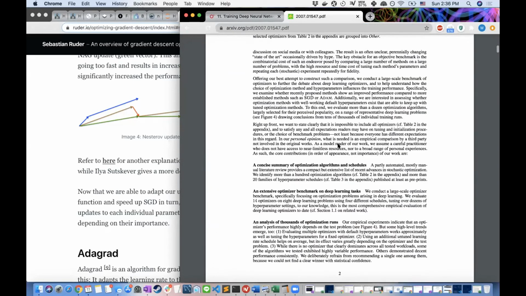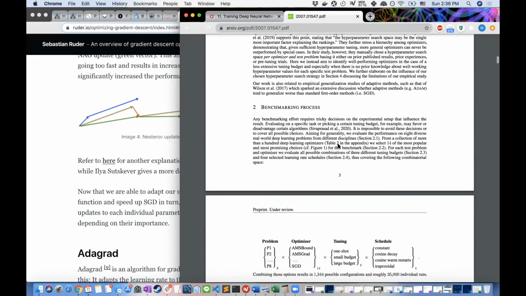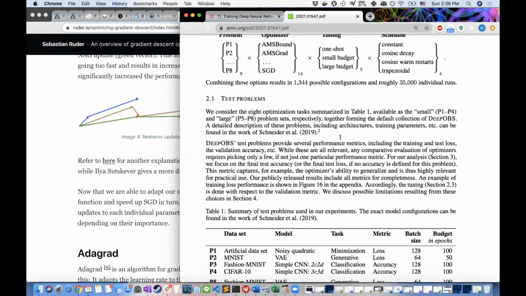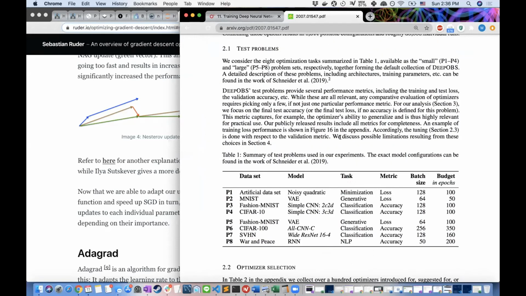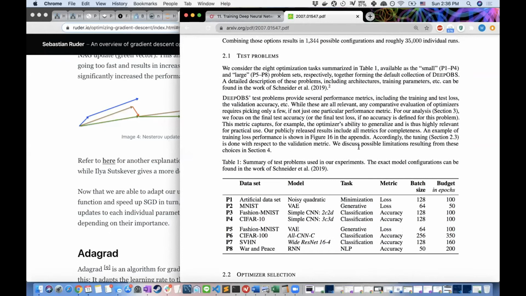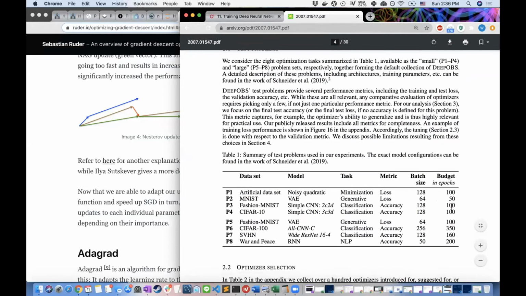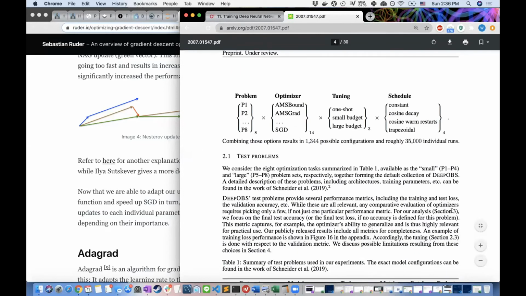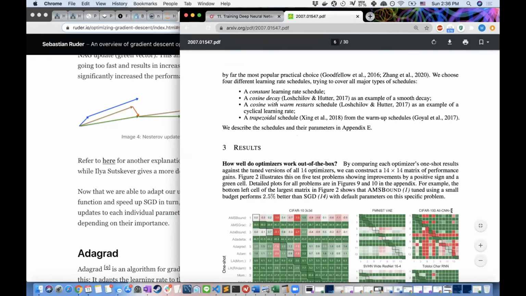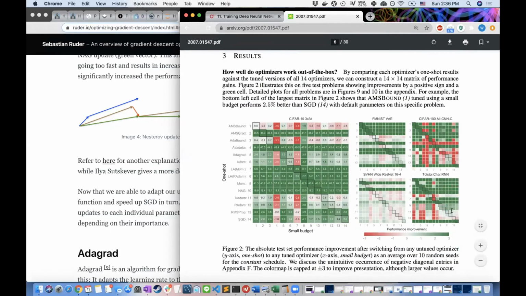So, benchmark process. Budget, is that in dollar amount? Tuning, schedules, results.